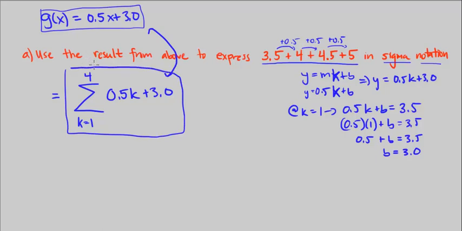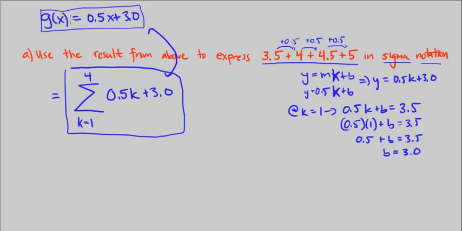Well, I know that the change from each number is 0.5, so I have that here, and I'm able to see that the first term is going to give me 3.5, so if x is 1, my output is 3.5.